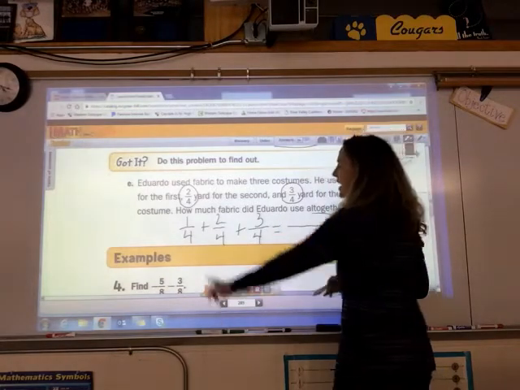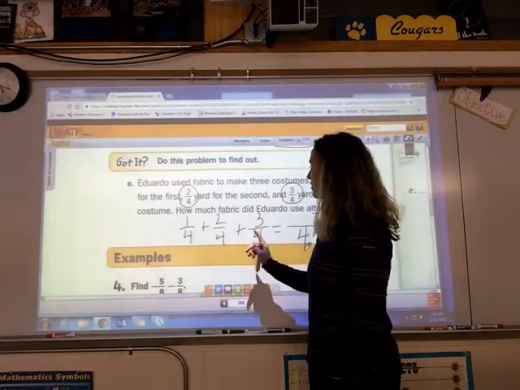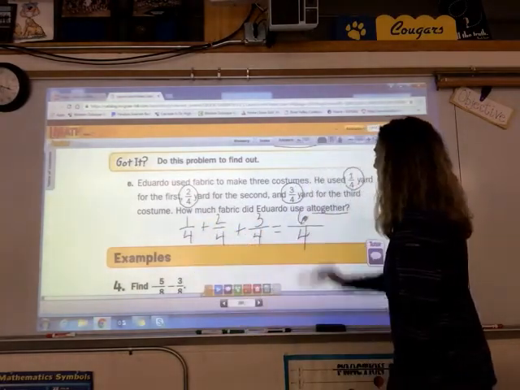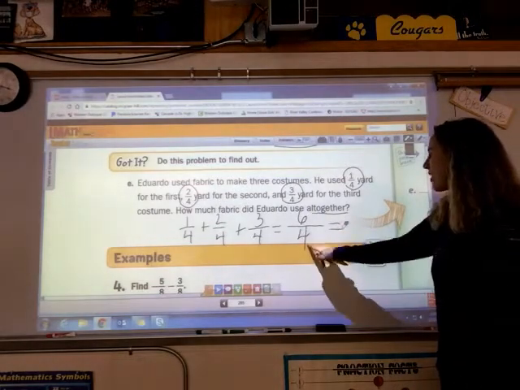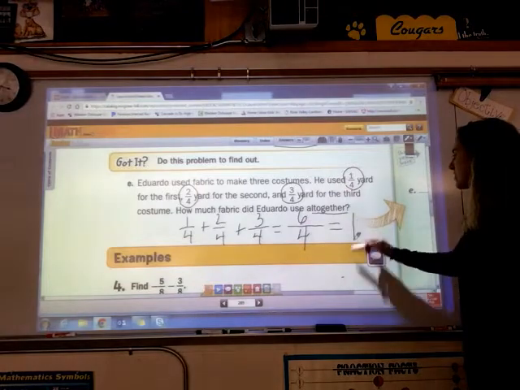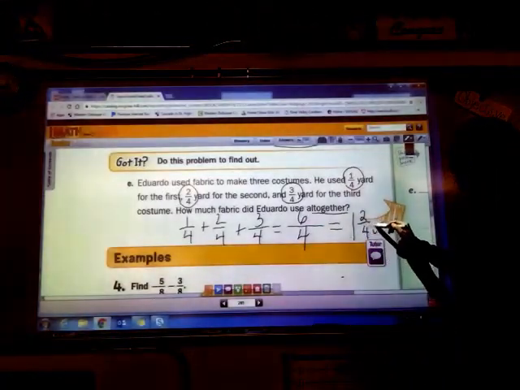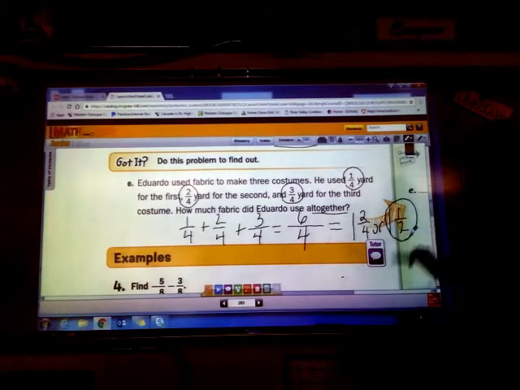Looking at my denominators, they're all 4, so we're going to put 4 on the bottom. Looking at my numerators and adding them, 3 plus 2 would be 5, 5 plus 1 is 6. Now 6/4, we don't want to leave it as that because it's improper. So I know that 4 will go into 6 once. 6 minus 4 is 2, so it'd be 1 and 2/4 or 1 and 1/2 when it reduces down.